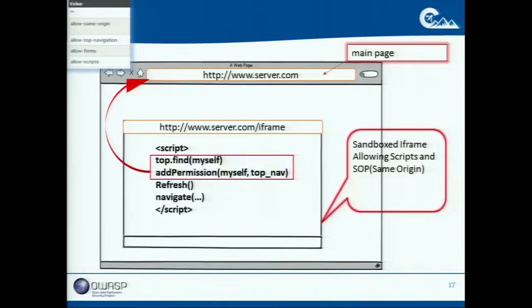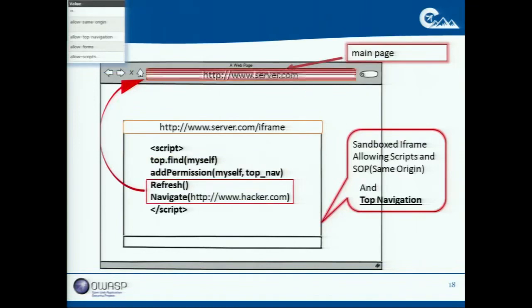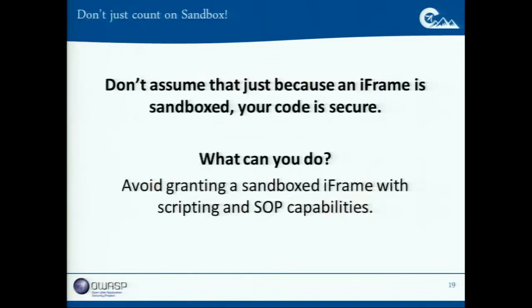Because it allows script, it runs a script of add permission. It goes to the front page, it adds permission of top navigation, and voila, we now also have top navigation at our iframe. So what is the next step for that iframe? Navigate to hacker.com.